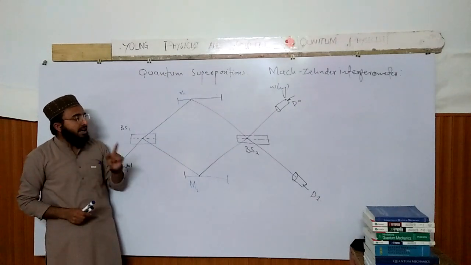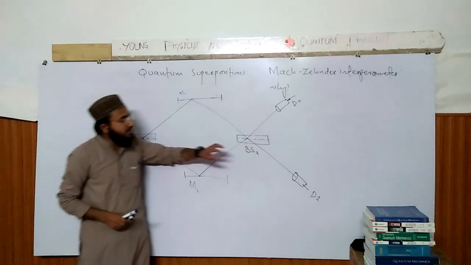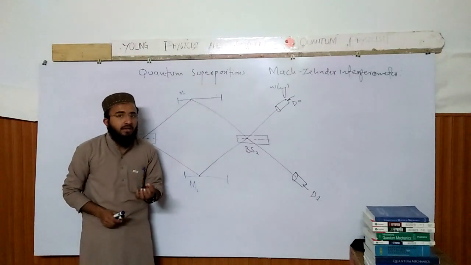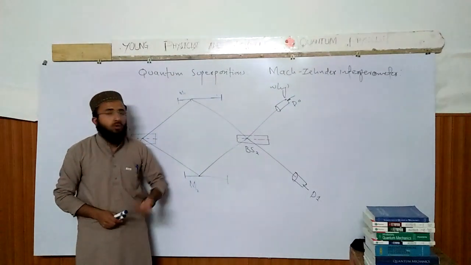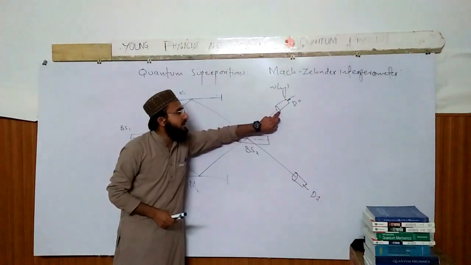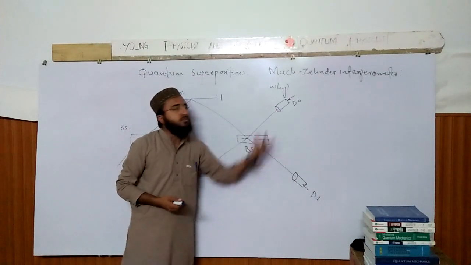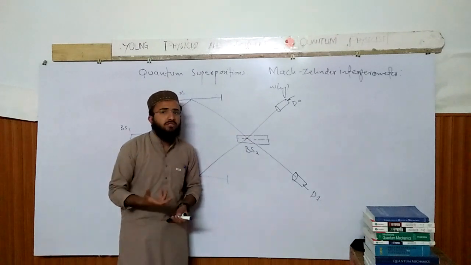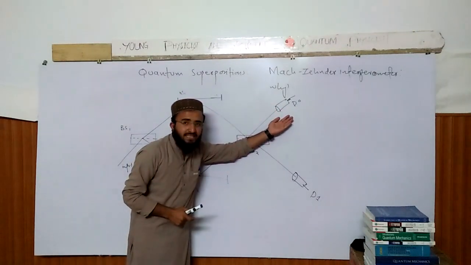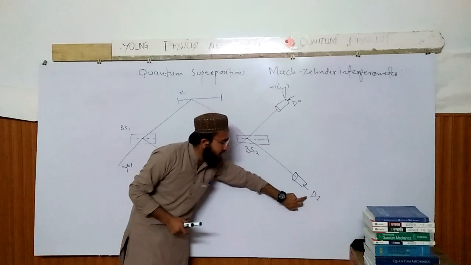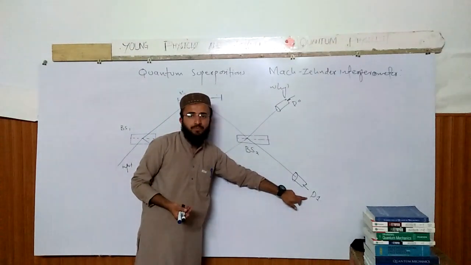Now we have to analyze how we can use the quantum approach and what we will receive in the output, through these detectors. Either we will receive the photon in the upper detector, or we will receive it in the lower detector.